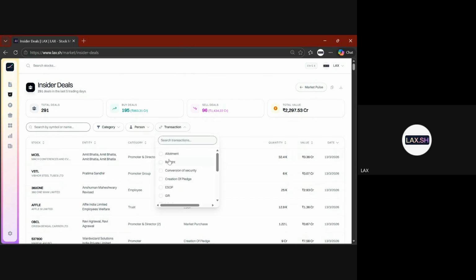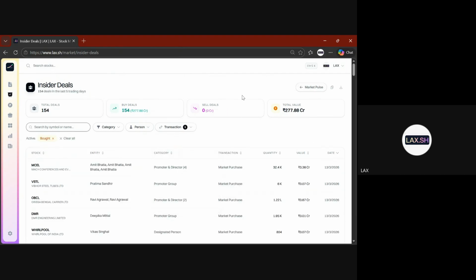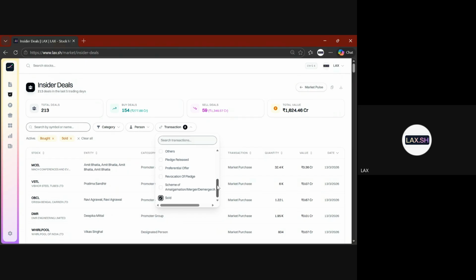Like look at this. Let's go to the bot. See, 154 deals, 277 crores worth of buying in the last 5 trading days. You want to see the selling?